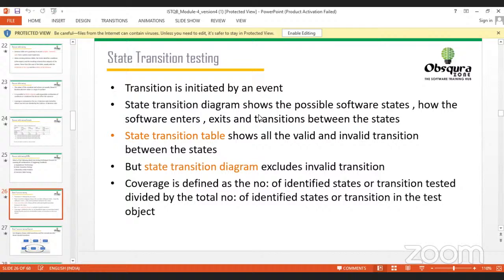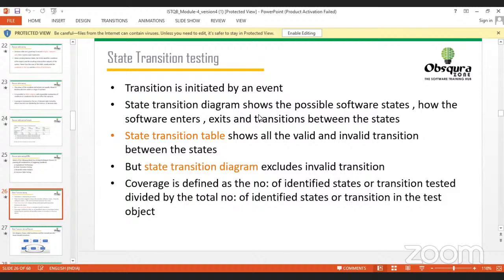And the state transition table shows all the valid and invalid transitions between the states. That's very important. But the state transition diagram only includes valid transitions. It excludes invalid transitions.